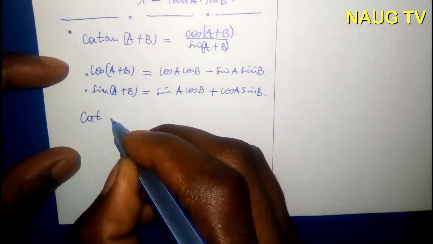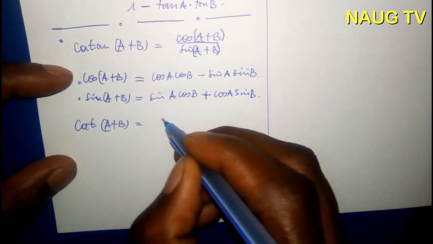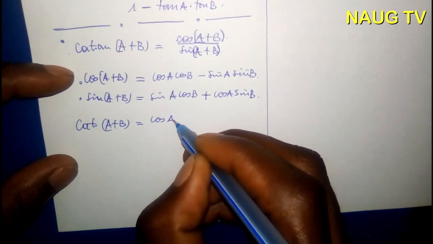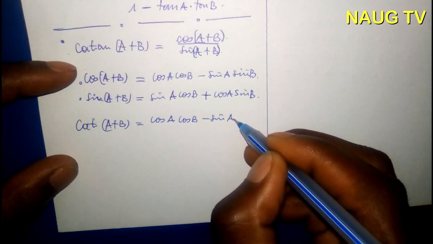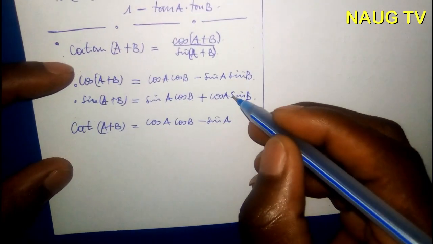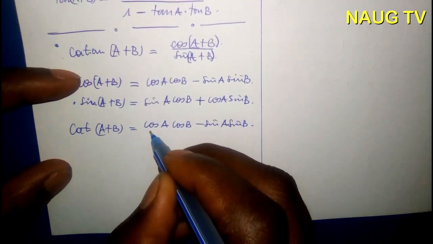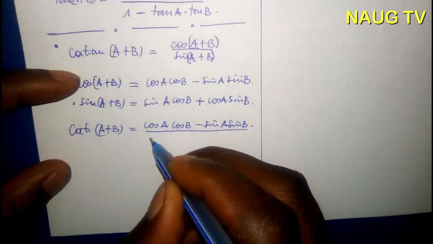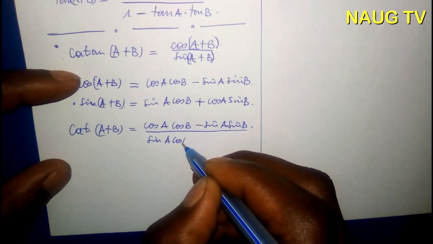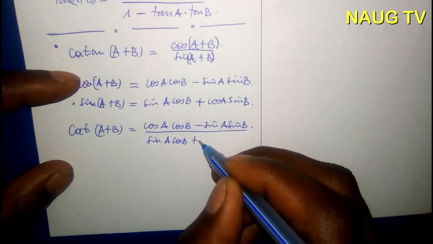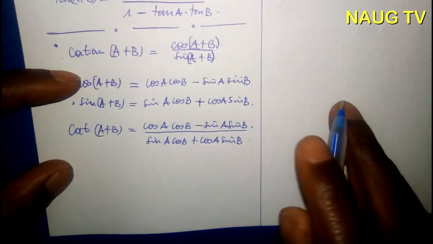cotan(A+B), which is equal to (cosine A cosine B minus sine A sine B) over (sine A cosine B plus cosine A sine B), right?